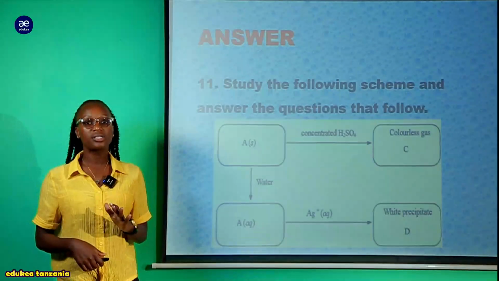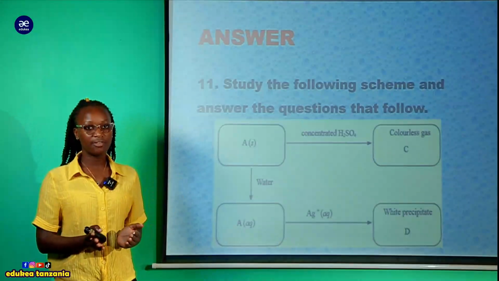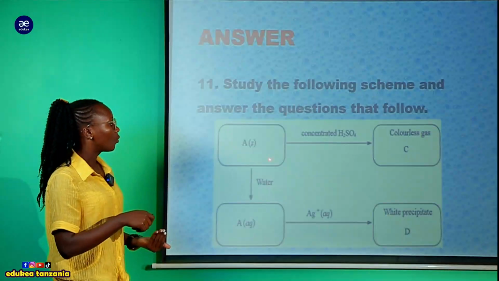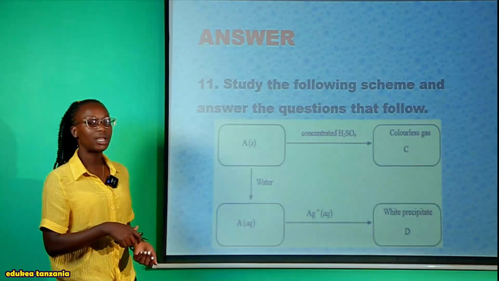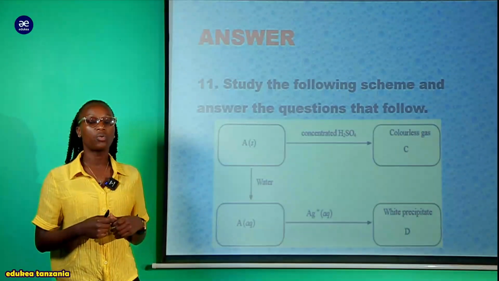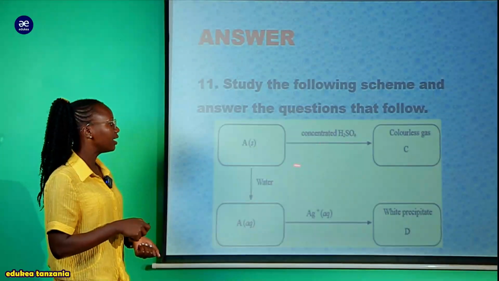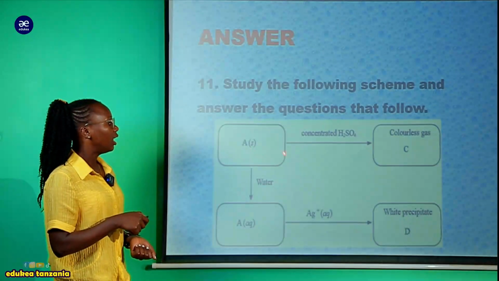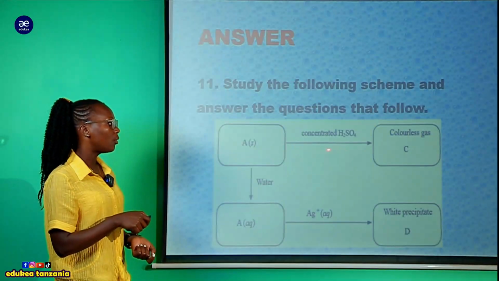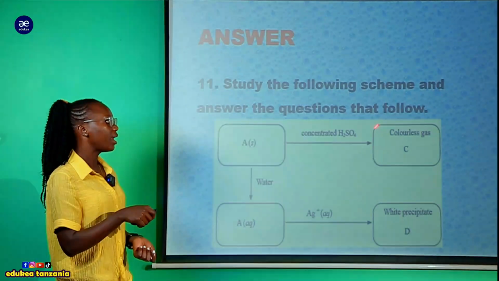Kila box lina it's given, lakini pia kwenye box moja kwenda box jingine kulingana na direction ya mshale tunaona kwamba kuna conditions mbalimbali. As you see here, tuna box hili hapa, the arrow pointing this side, then we have this box.